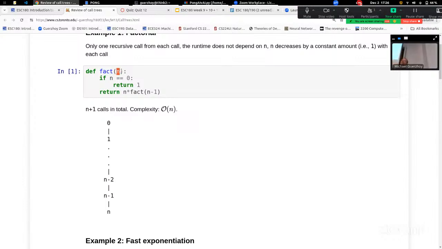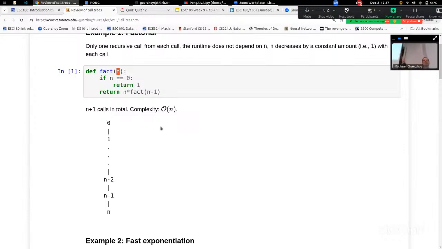However, if n is a float, and on the exam, you'll notice that everything is a float because I worry about this, then it's not a problem, right? For floats, multiplication takes the same amount of time. We're not on the exam for ESC180 worried about what happens with integers. Questions are worded in such a way that this is the right answer. Make sense?